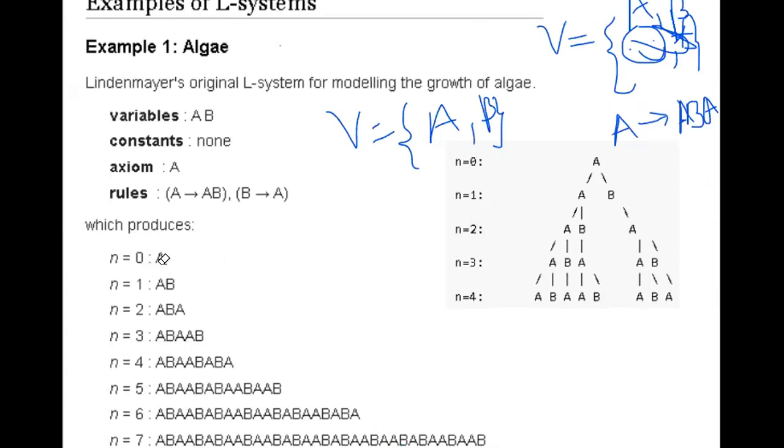Let's read this word. A. When you read this word, you encounter this symbol. Is there a rule? Yes, there is, because it is a variable. So what is that rule? If you have A, then A is replaced with AB.